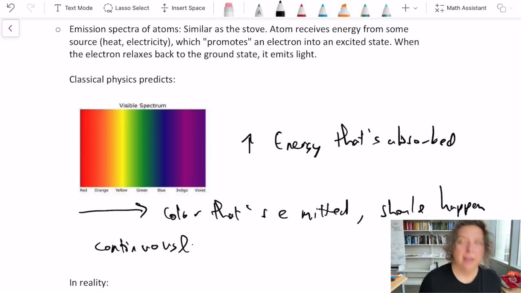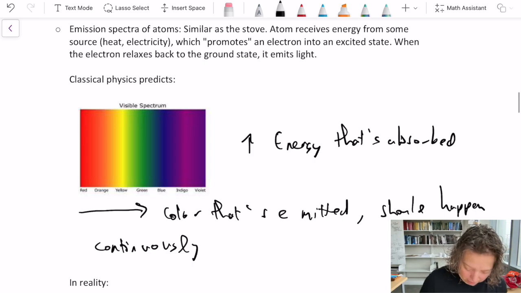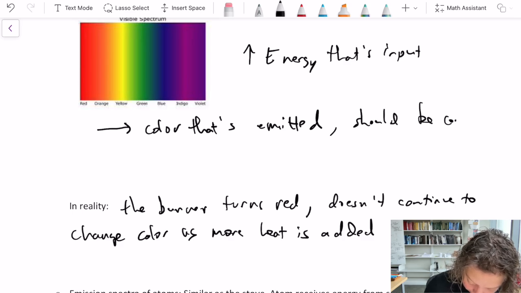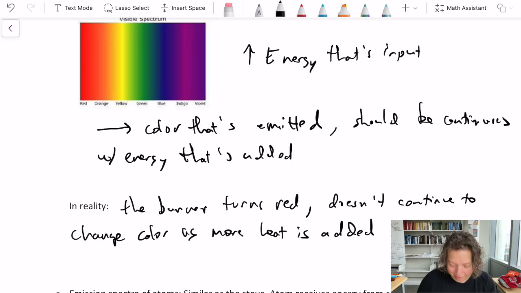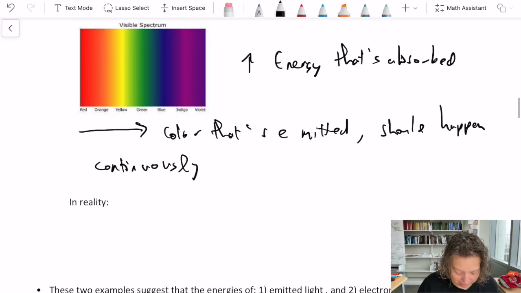So as I continue to add energy to this atom, then as it's relaxing, it's having a color spectrum that is concomitantly moving across this color spectrum. Same here. This would be continuous. Sorry for jumping around. It's been since 2019 since I gave this lecture.